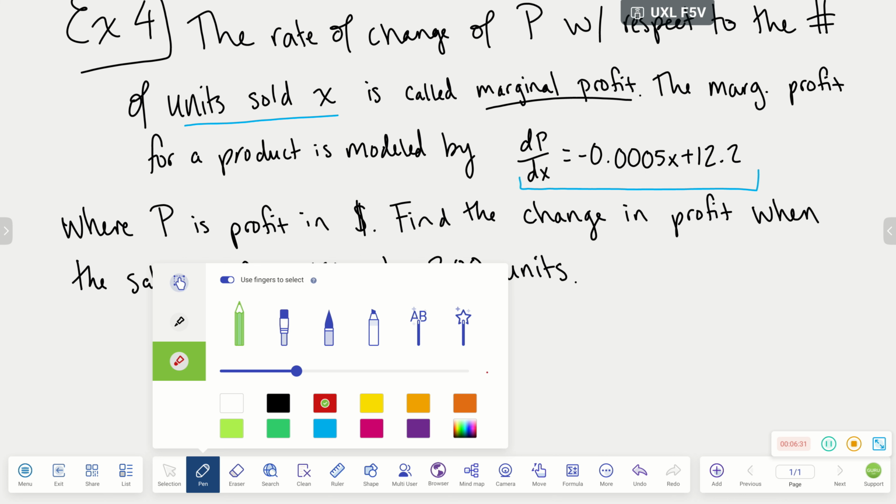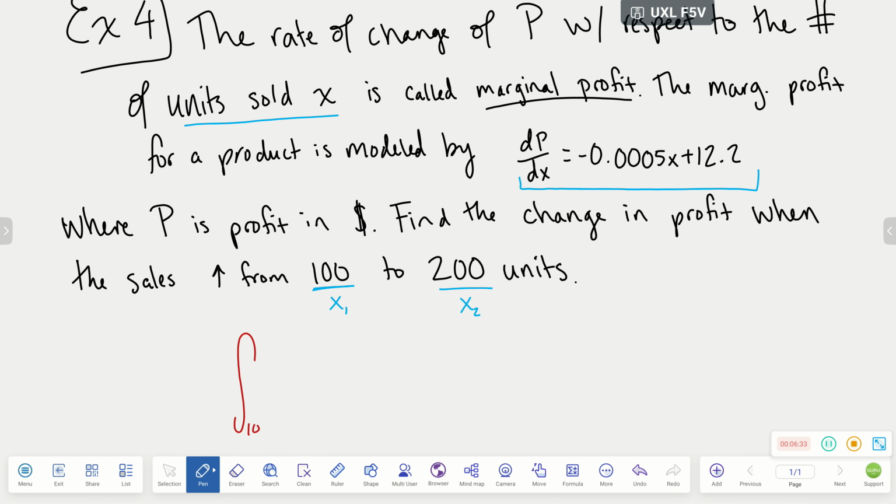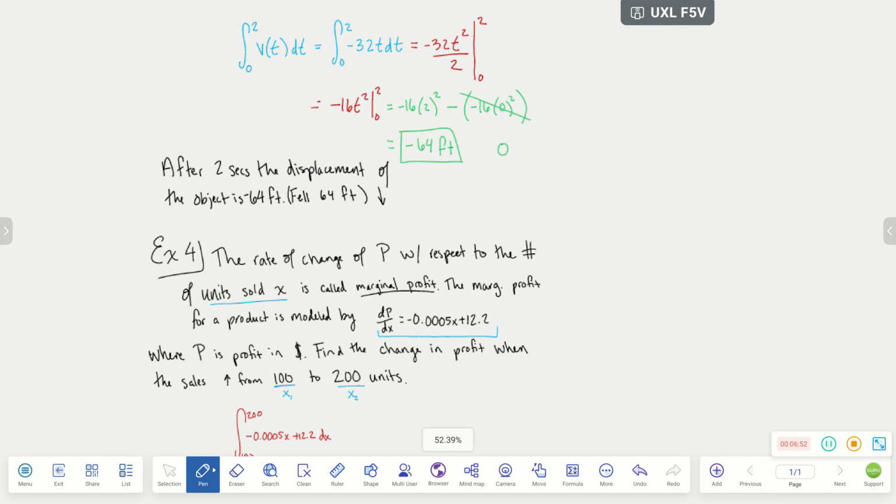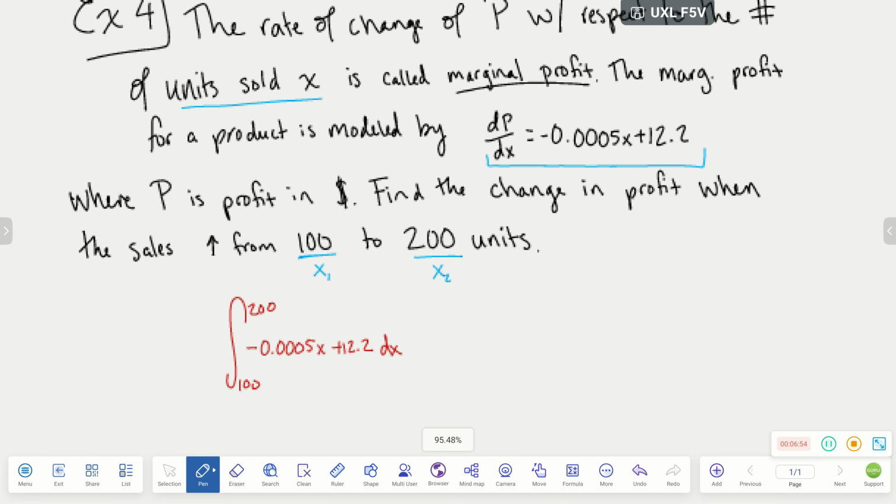So we're going to make an integral when we go from 100 to 200. And we want to find the integral of our function here, negative 0.0005x plus 12.2 dx. Did I put dx on the last one? Yeah, I did. I put dt. Great. Okay. Anyways.